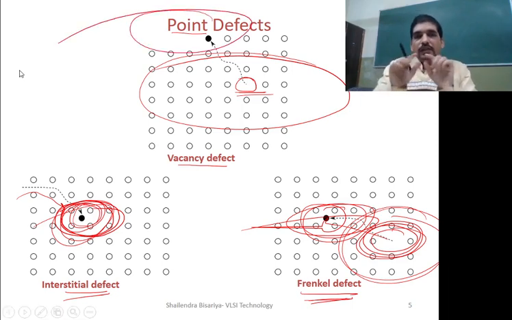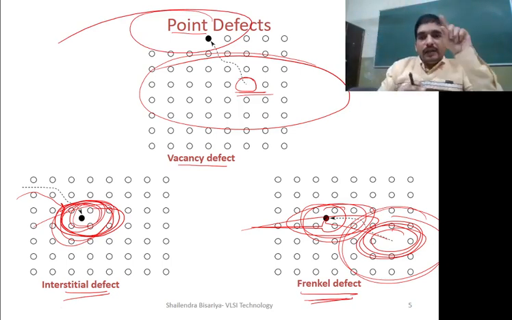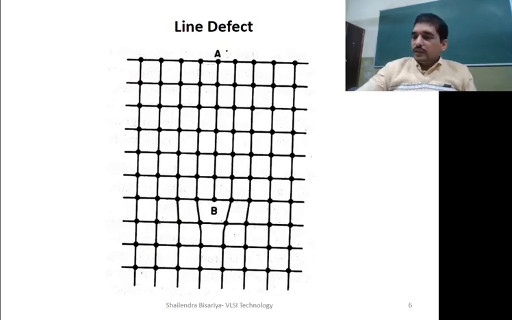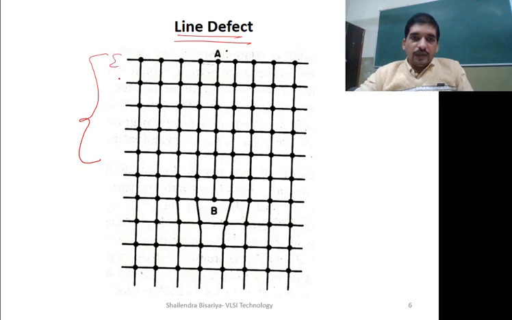Now if there is a defect in one dimension, a complete line, then it becomes a line defect instead of a point defect. So you can see this diagram. This is a line defect. In a line defect, basically you see the structure. The structure is as it is from here, here, here, completely the same.